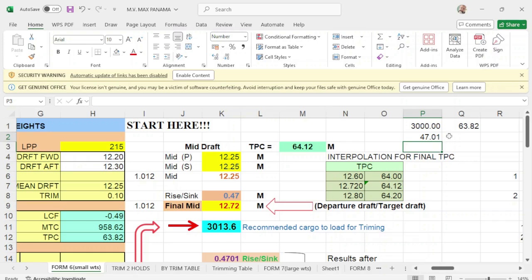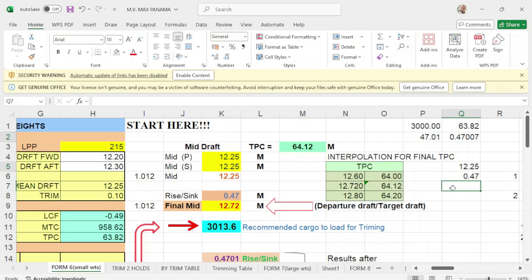You divide this by 100, that will be 47 centimeters. So let's say 47 centimeters at 12.25, which is 0.47.